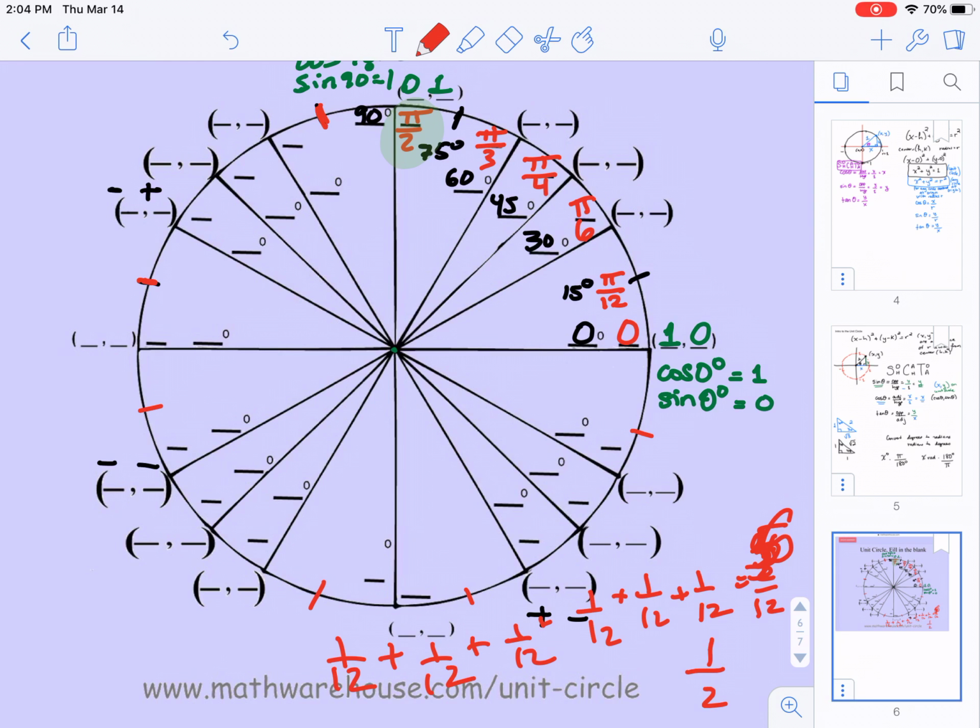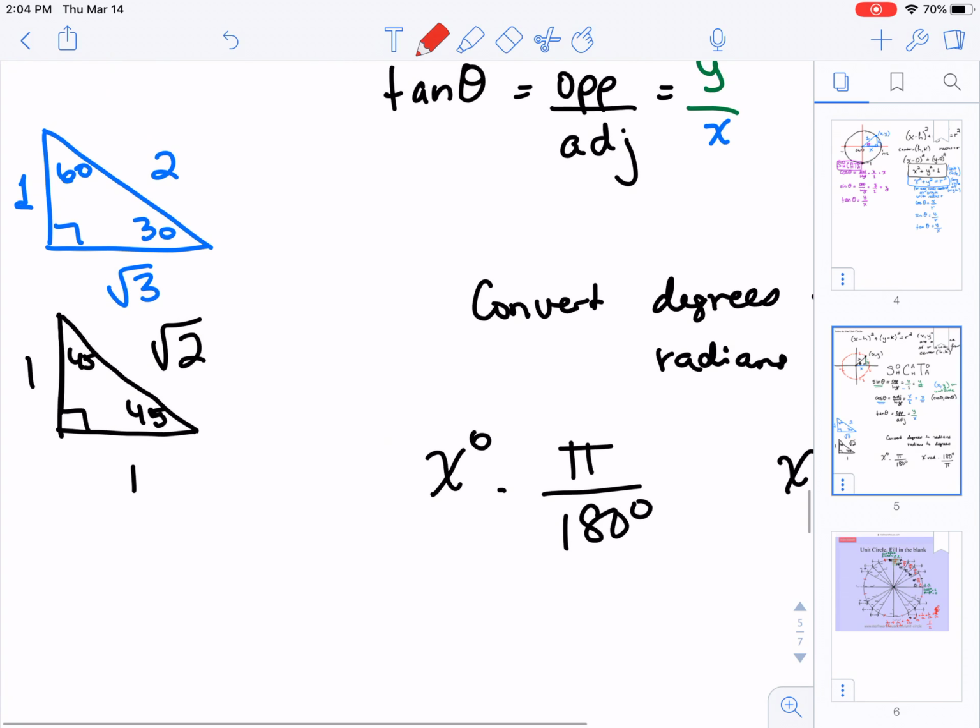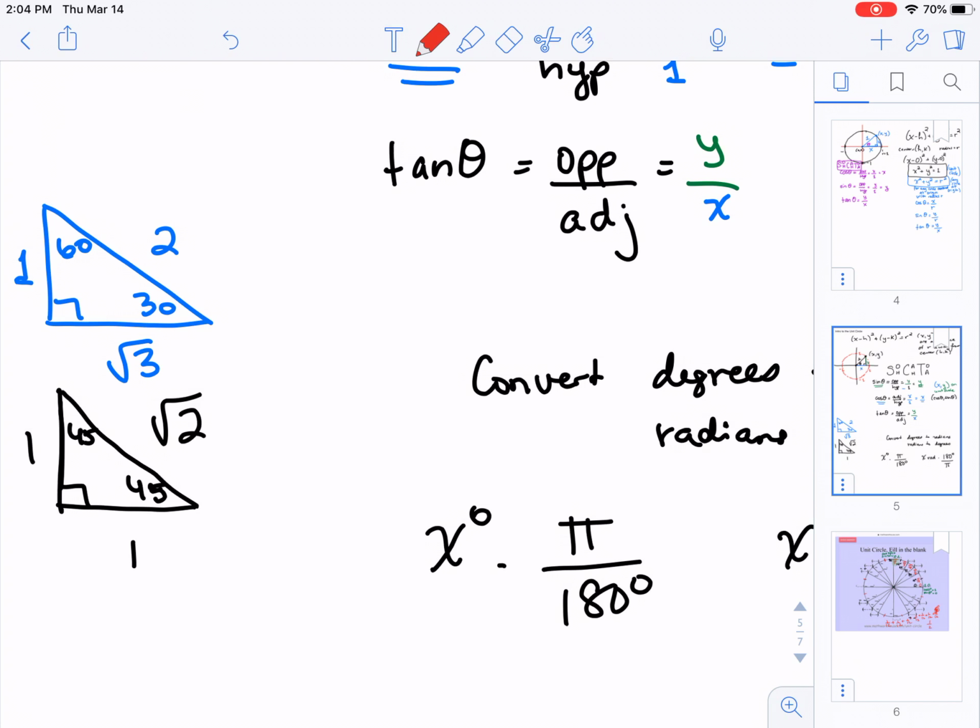Let's do the coordinates. So for the coordinates, we're going to look back at our special right triangle, and we're going to say, what is the cosine and sine of 30 degrees? So cosine of 30 degrees, adjacent over hypotenuse. Adjacent side is going to be r square root 3. And hypotenuse is going to be r times 2.